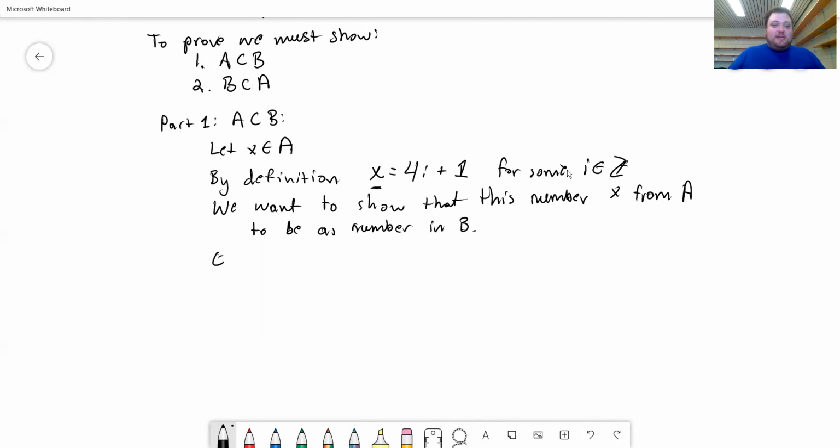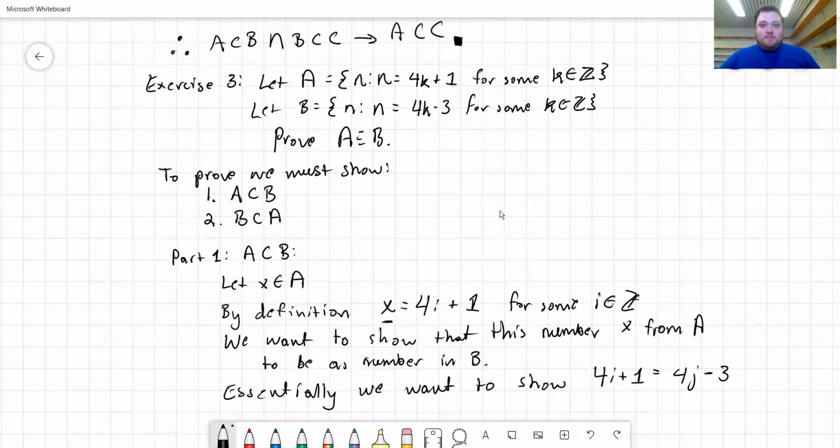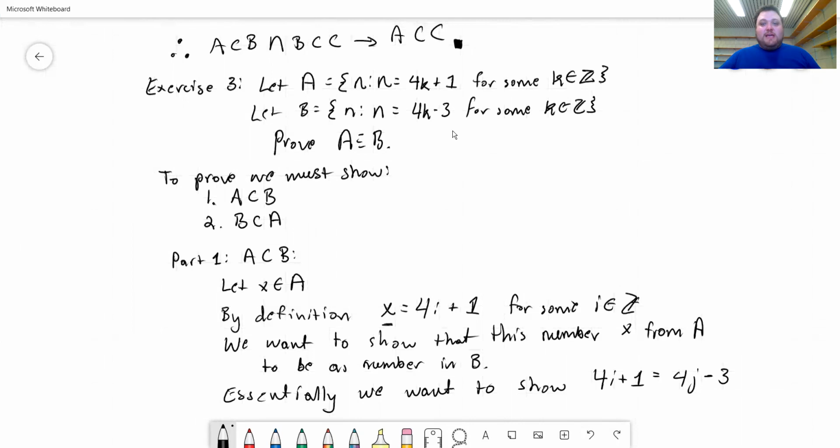So essentially, we want to show that 4i plus 1 is equal to 4j minus 3. And 4j minus 3 is from the second set here, just replacing k with j.